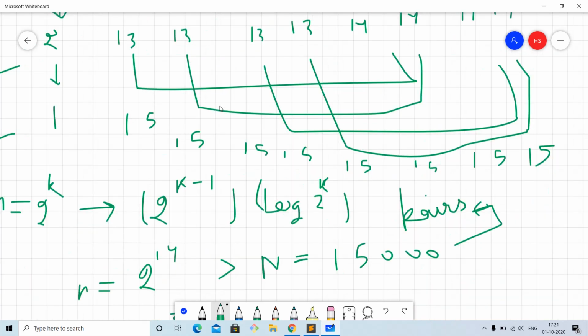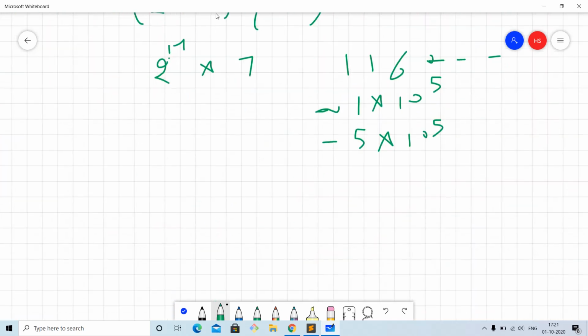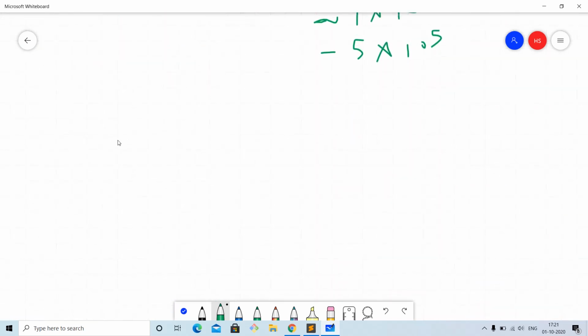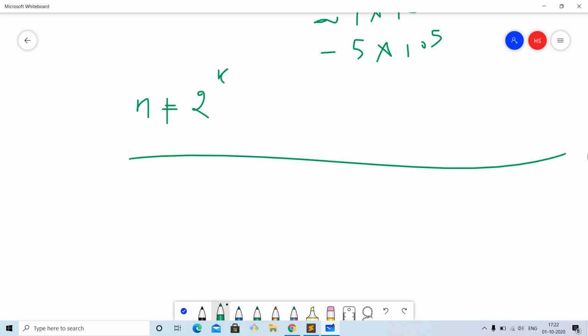There is one more thing we have to understand, the other case, which is when n cannot be expressed as a power of 2, say n is not 2 to the power k.